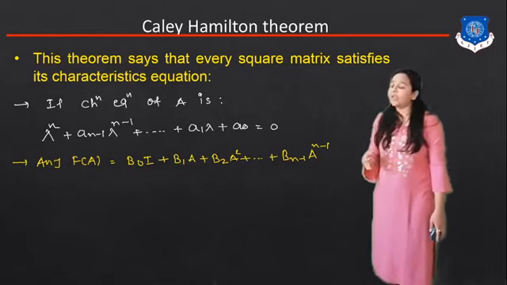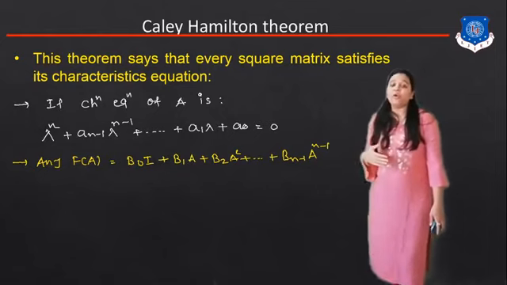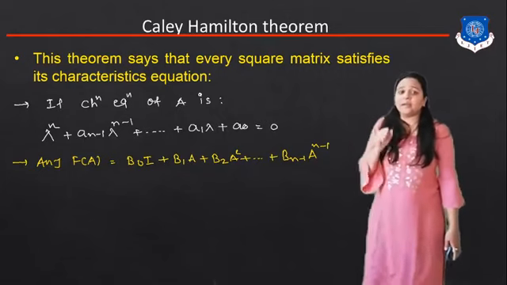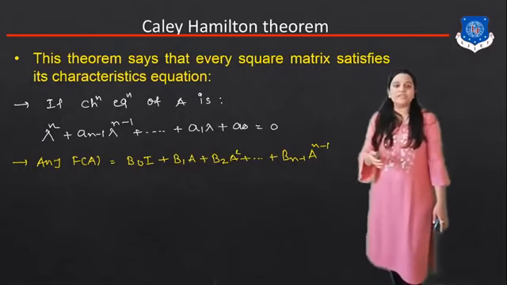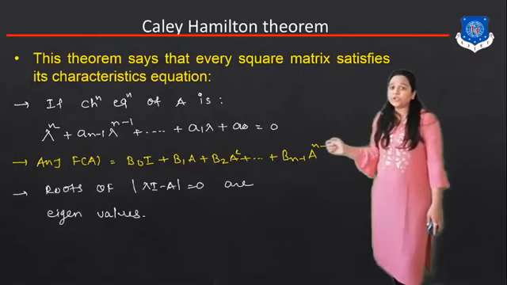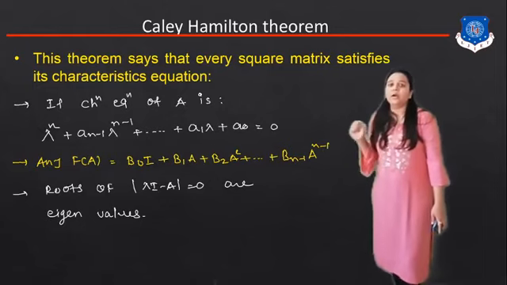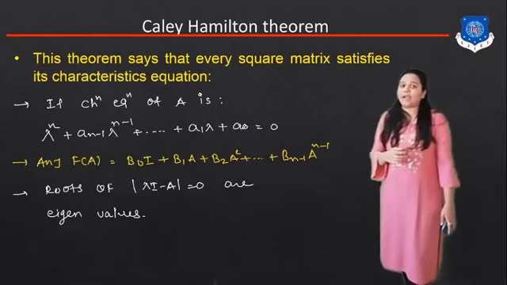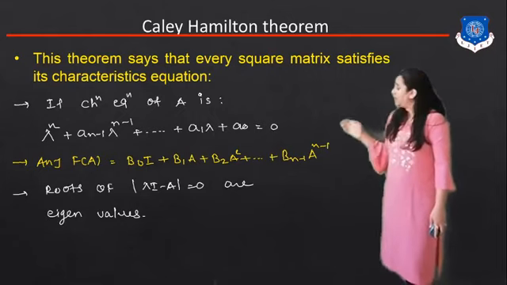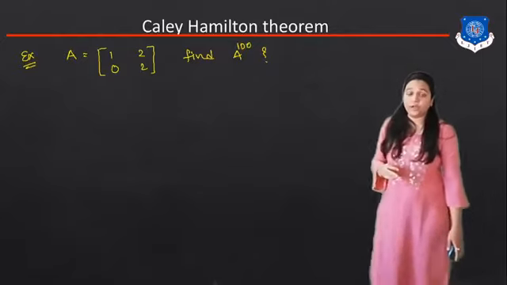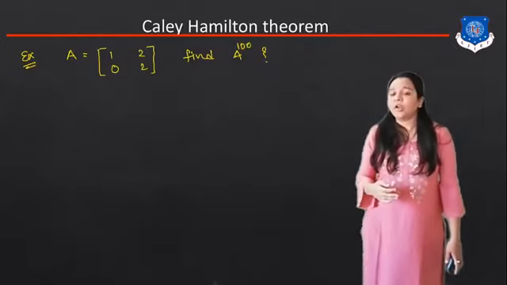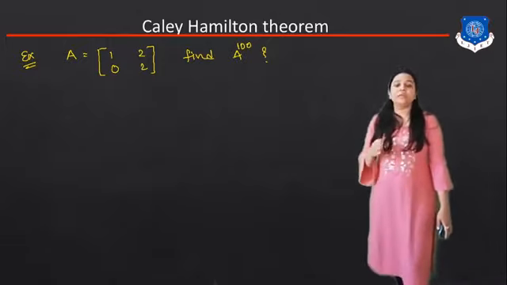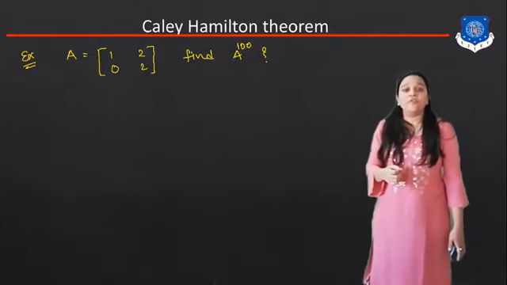If we can find the function of A, we will know the values of b0, b1, b2, and the A matrix is given in the example or system. The roots come from the equation determinant of lambda I minus A equal to 0, for any eigenvalue. First we find the roots of this matrix, and then we apply the Cayley-Hamilton theorem to find phi of k.